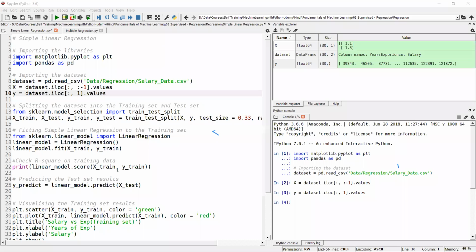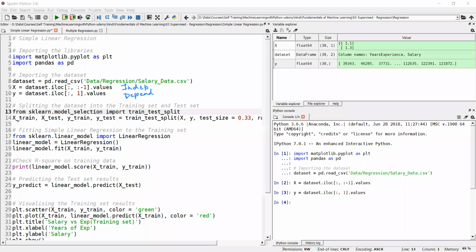Now the next step is to split the variables x and y. Within the independent variable and dependent variable, I want two sets: one is training and one is test set. If you see, this is for your independent and this is for your dependent.